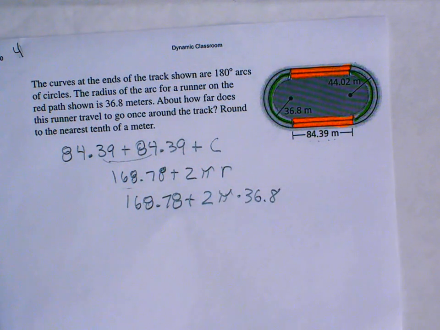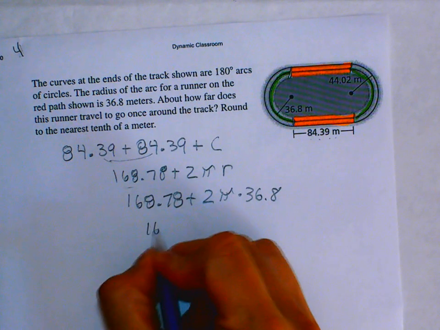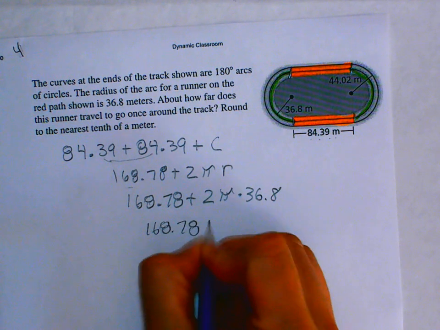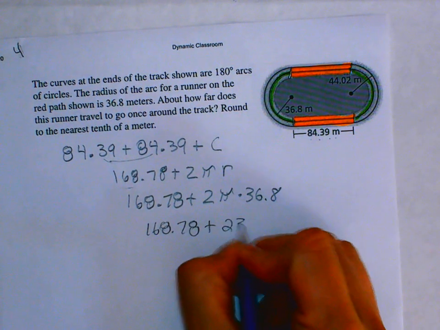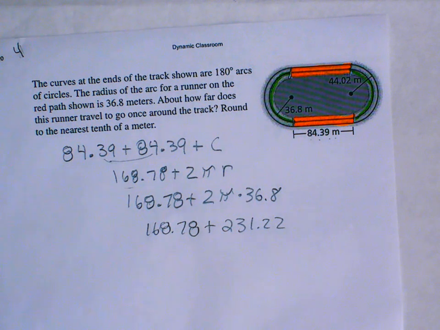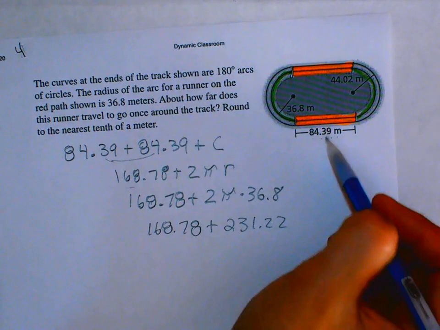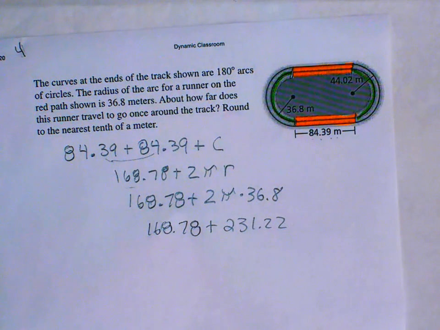After this, I'm just going to put everything into the calculator. 36.8 times 2 times pi. Okay, I get 168.78 plus 231.22. Now, why am I not doing the nearest tenth? Well, all of these are to the nearest hundredth, so let's just stick to the nearest hundredth.